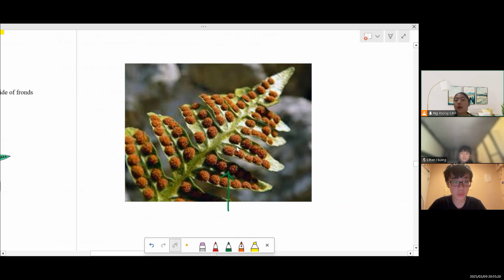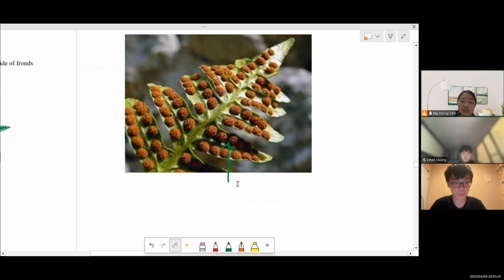Okay, so why do they need the spore? Because the fern will produce spore, so they're able to produce more and more fern as their progeny. Okay, so this is spore. Spore are produced by asexual reproduction.